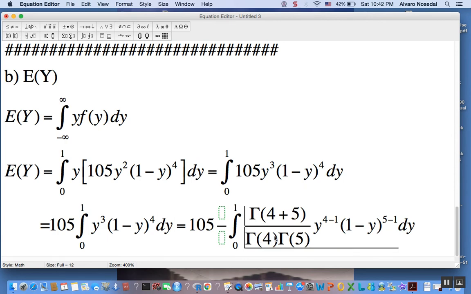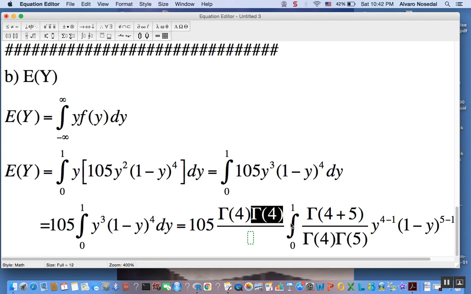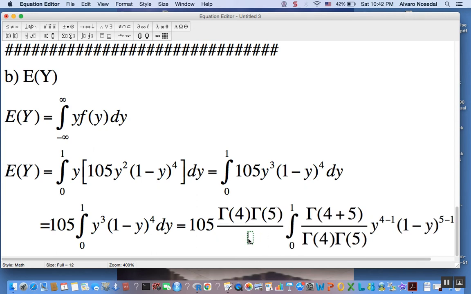So let me multiply by gamma evaluated at 4 by gamma evaluated at 5, and this is the one that we want here at the bottom: gamma evaluated at 9, right?